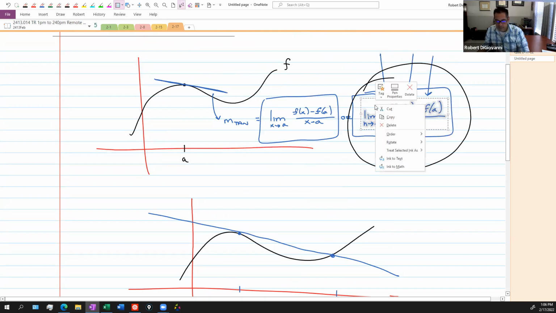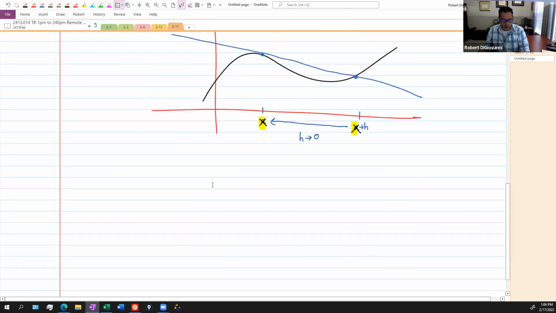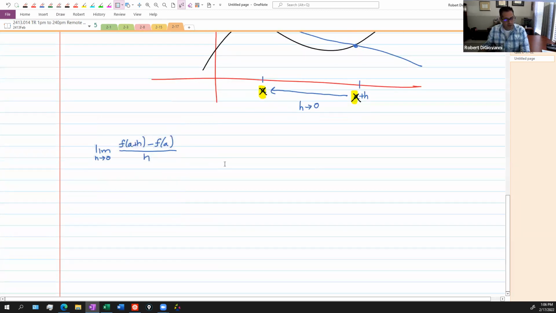Let me copy it. Except now what we've done is we've replaced the a's with x's. So it becomes this limit, h approaches 0, f of x plus h minus f of x all over h. So the exact same formula with x's in place of the a's.